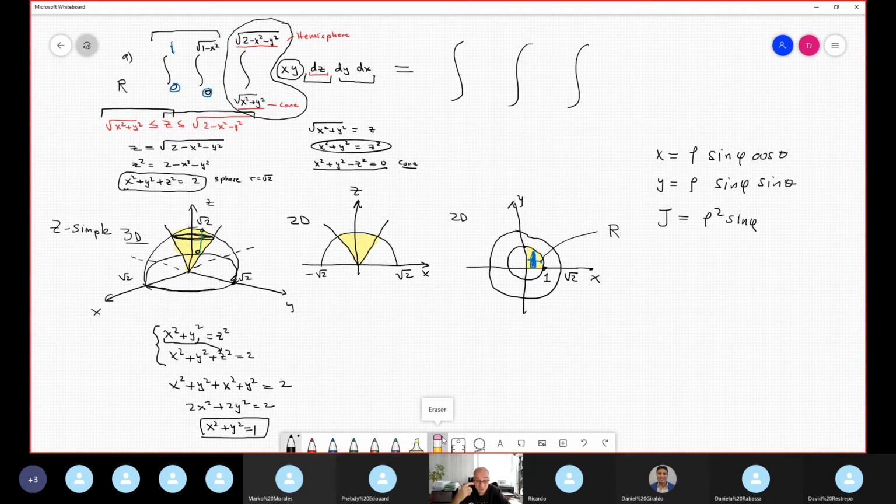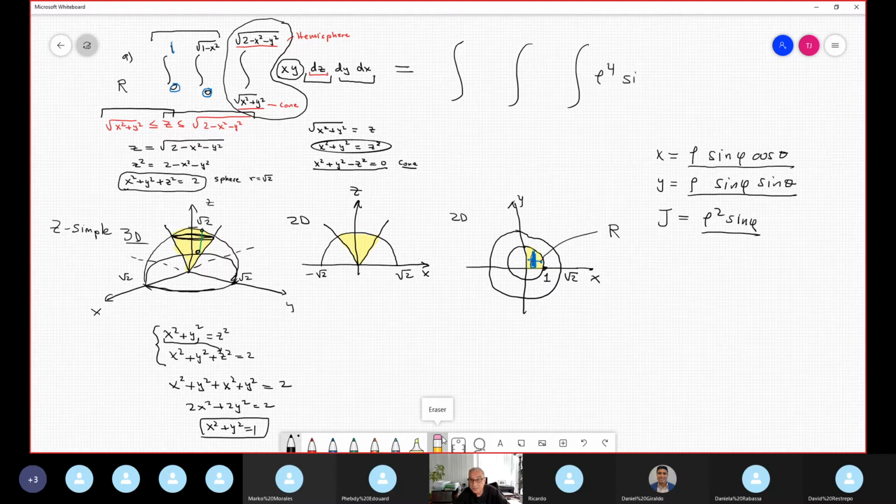So you multiply x times y, this times this, and because of the Jacobian, right? I want to do everything in one step. So how many rho in total do we have? 1, 2, 3, 4. Rho to the fourth.